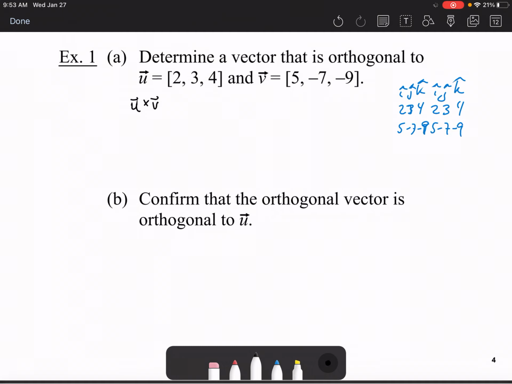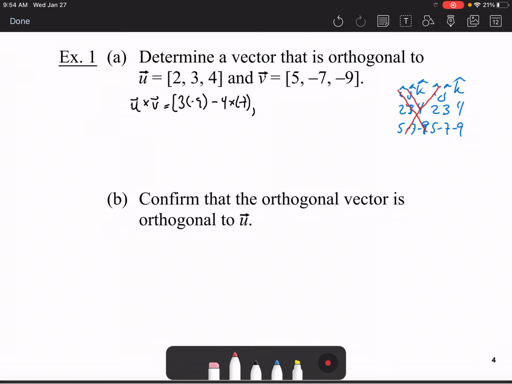Okay, so we're going to work this out. We have 3 times negative 9. I'm going to write that 3 times negative 9. Subtract. Next time we have 4 times negative 7. That's our first component.